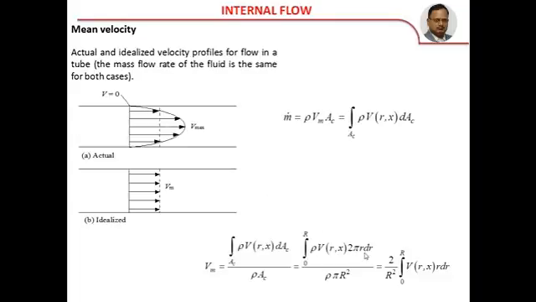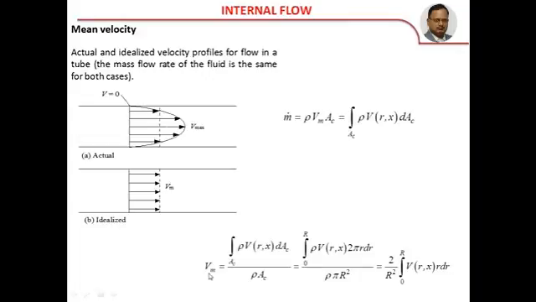and this dA is nothing but the area through which the fluid enters into it, which is considered as 2 pi r dr, circumferential area of the ring into a thickness of dr. That is the element, fluid element entering at any radius r with a velocity v.